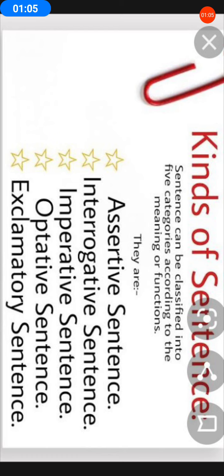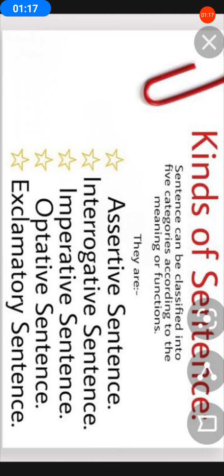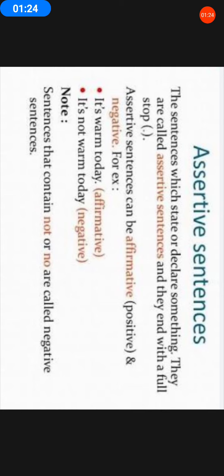In today's class, I am going to explain the first 3 kinds: assertive, which is also known as declarative sentence, interrogative sentence and imperative sentence. Let's begin with the first kind. What is an assertive sentence? The sentences which state or declare something are called assertive sentences, and they end with a full stop.